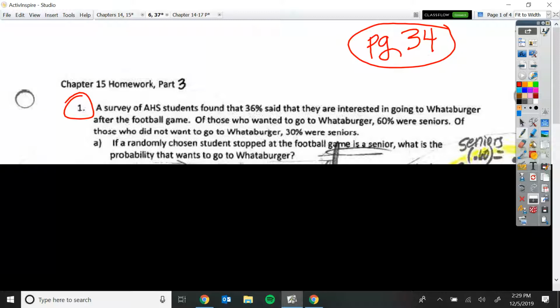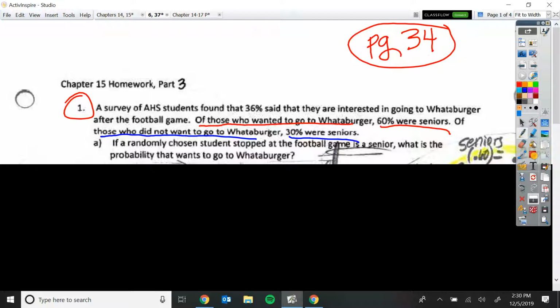Of those who did not want to go to Whataburger, 30% are seniors. So that's what I want you to hear as you're reading it. If this, then that. But if this, then this is the probability.